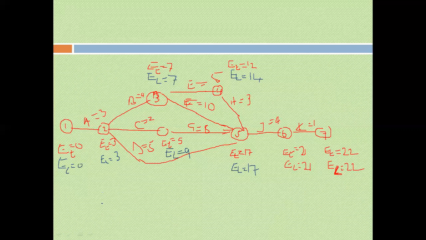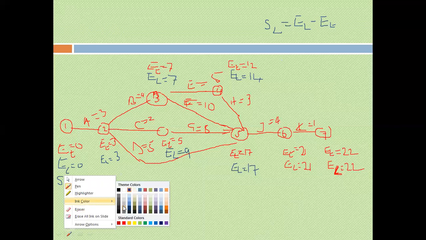Now, we want to calculate another time we call slack time. Slack time, SL, is the difference between EL, the latest allowable time, minus ET, the earliest completion time. So we do SL for each.